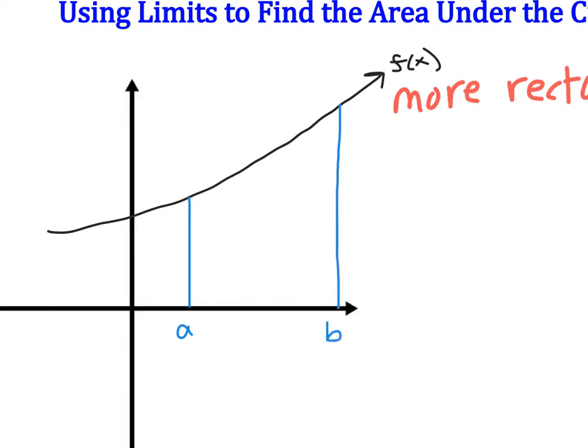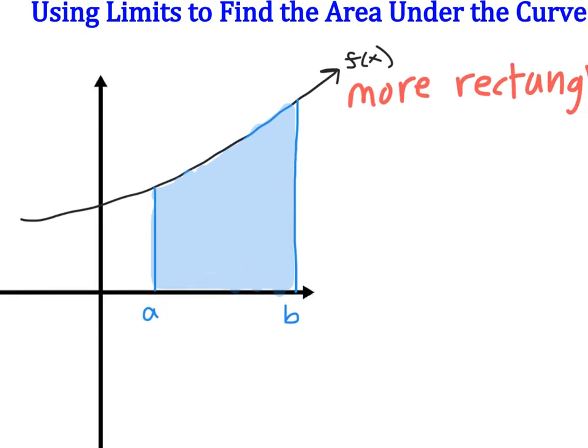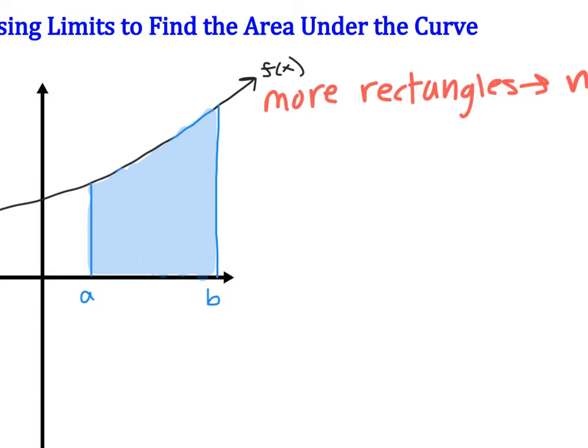So I'd like you to find the area under this curve. So let's say we start drawing in a couple rectangles, like here and here and here. And we're keeping in mind that the more rectangles we use, the more accurate our approximation will be.